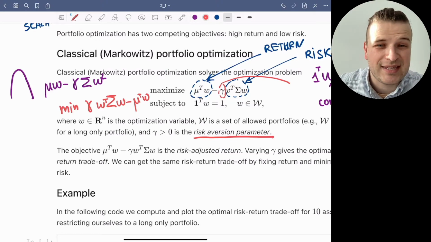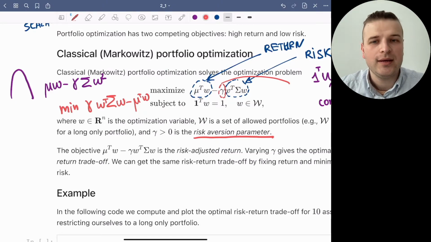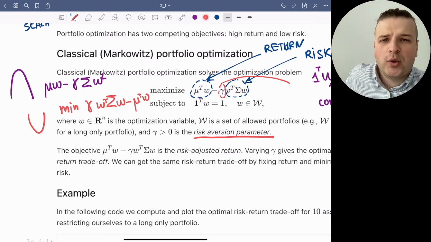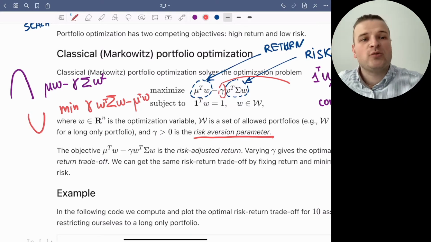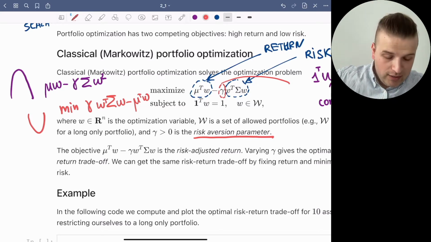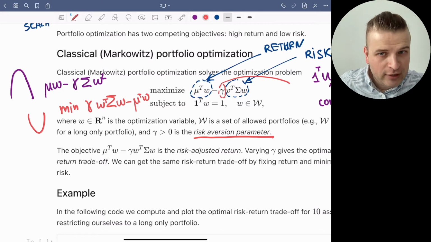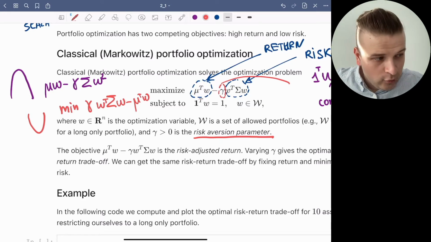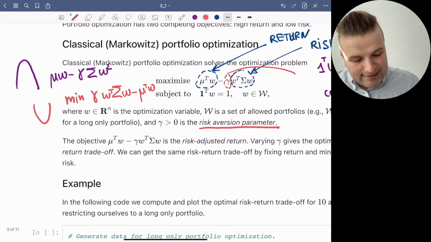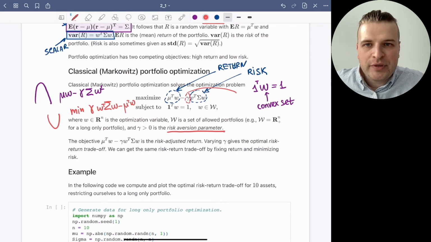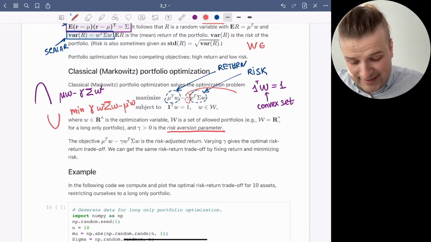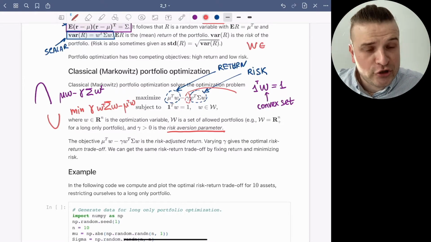That's exactly the same problem. And in this case, we have this function, which is a convex one now. That's why the problem is convex. And that's great news for us, because even in the vector case, the problem is still convex, because matrix sigma should be a symmetric positive definite matrix, because it's a covariance matrix by construction.